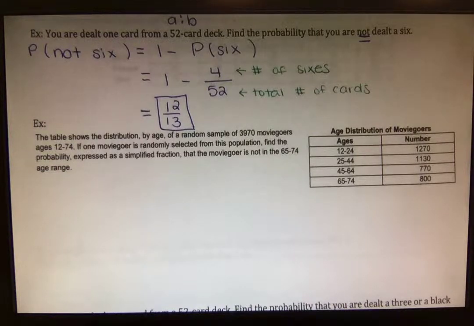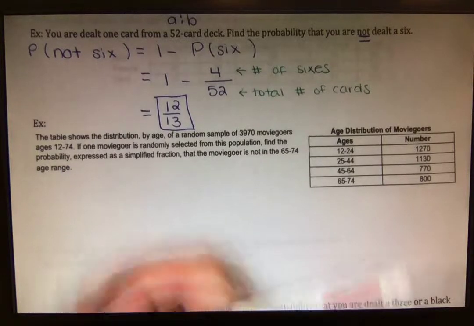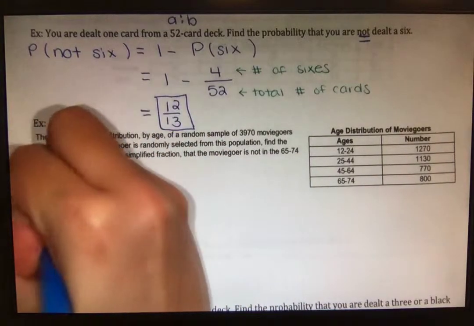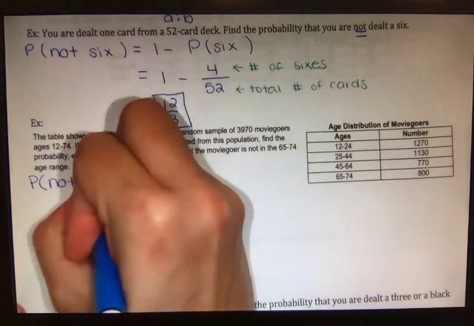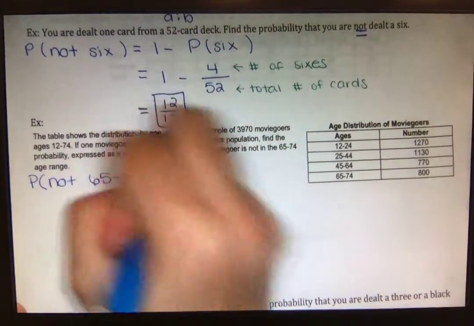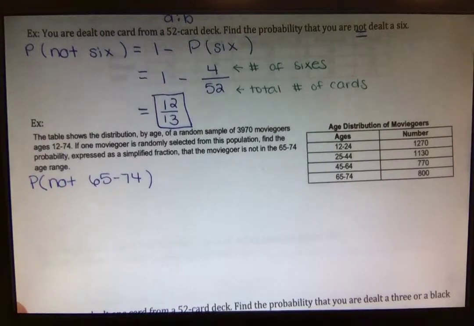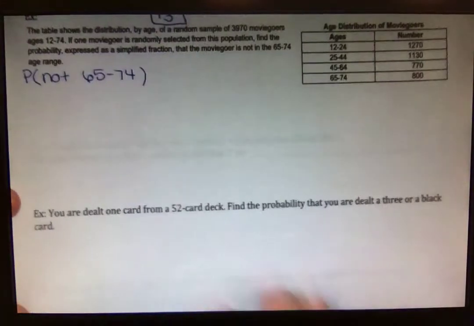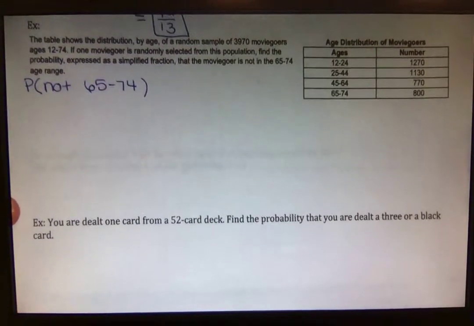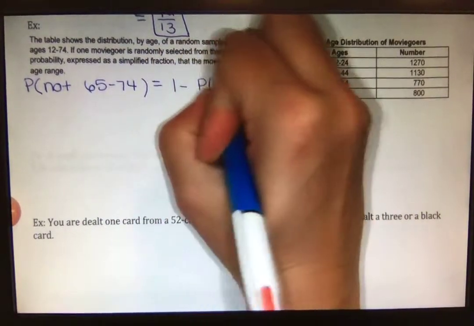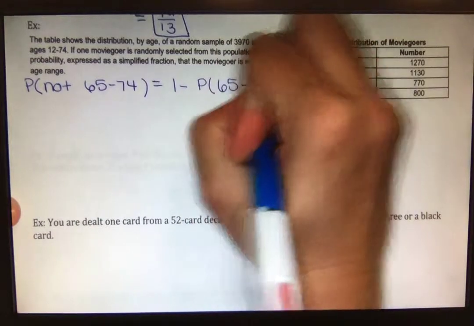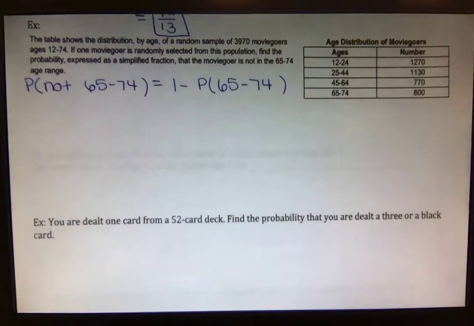So instead of adding up all those other probabilities, we can do it just like we did on the previous problem. The probability that they're not 65 to 74 we know is 1 minus the probability that they are 65 to 74.